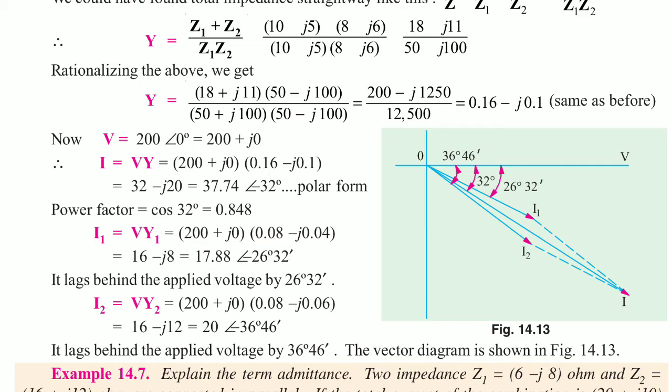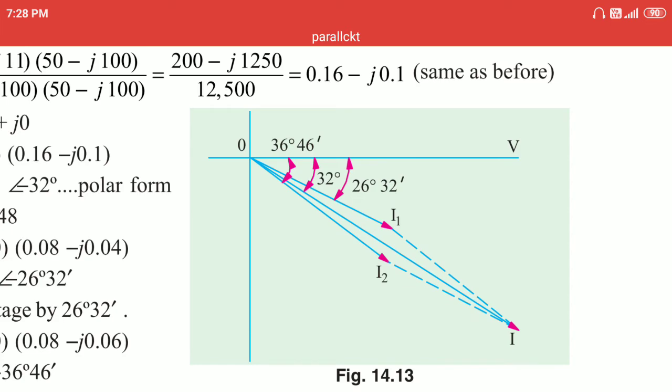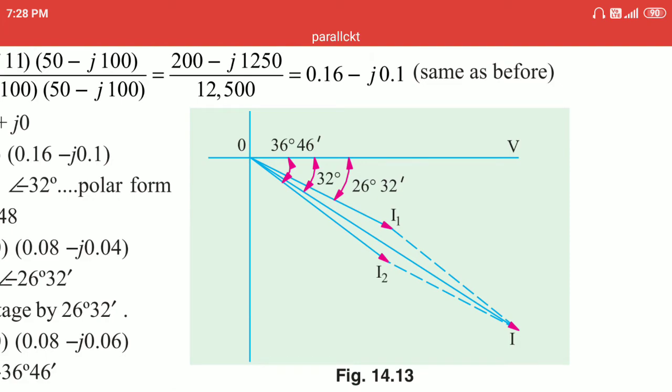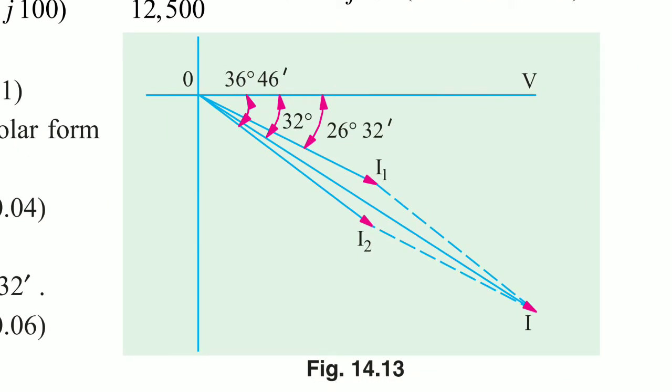Here the vector diagram is shown in the figure. The voltage V is taken as reference, and the current I1 is lagging by 26 degrees 32 minutes, and I2 is lagging by 36 degrees 46 minutes.